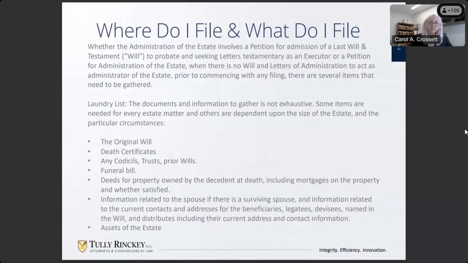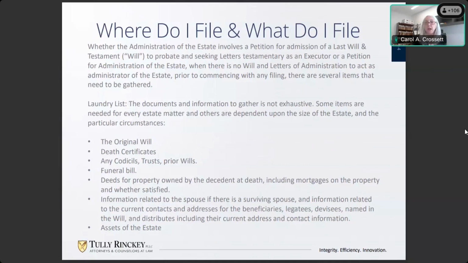And with respect to the administration proceeding checklist, is the petitioner eligible to act and qualify? You look under SCPA 1001 for purposes of determining that. And you might need a renunciation if there's a co-executor in the will. If that co-executor is not going to seek letters, but the other co-executor you represent is going to seek letters, then you need to obtain a renunciation of those letters from the co-executor that is not going to be seeking letters.